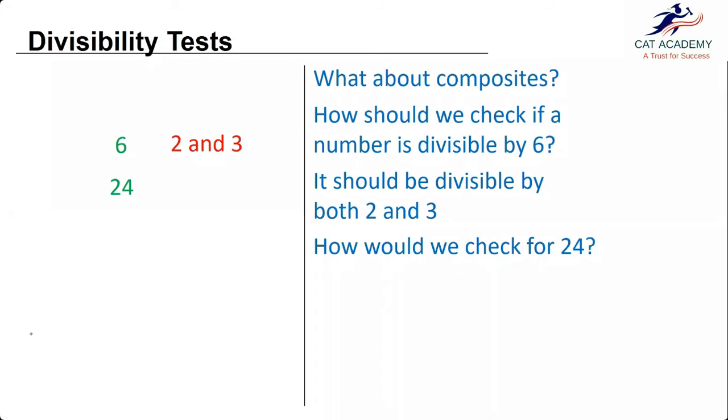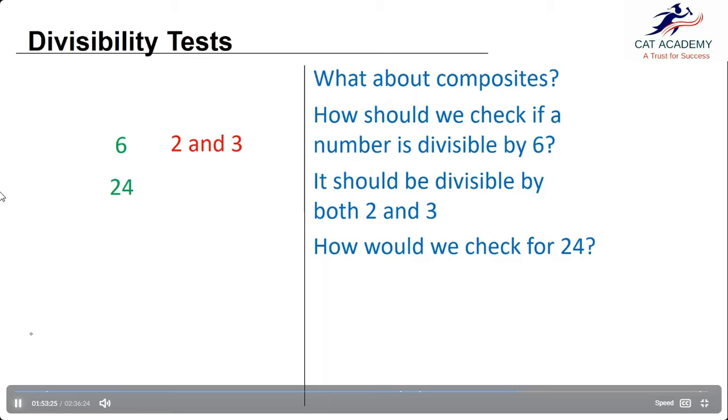Okay. So now the concept of co-prime numbers comes in. So whenever you are checking for any composite number, the suggestion is you need to split the given composite number in terms of two co-prime factors. Co-prime means there is no common factor within the two numbers that you have split it into.